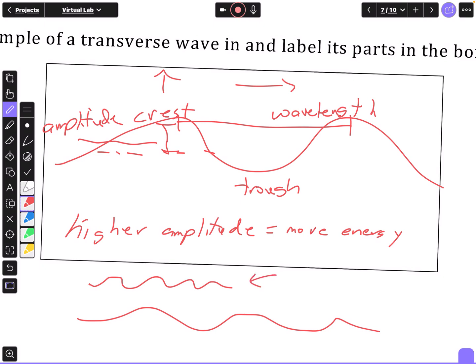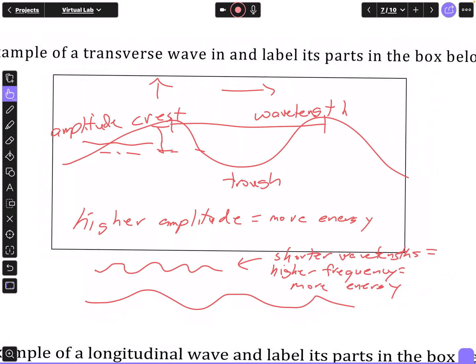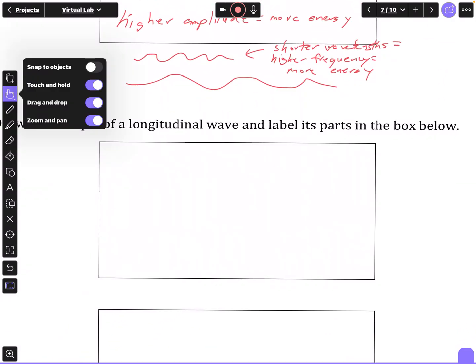And the reason it does, if we have shorter wavelengths, shorter wavelengths equal higher frequency because you have more frequent waves, which equals more energy. That's why gamma rays have a lot more energy than radio waves, because they have shorter wavelengths, therefore a higher frequency and more energy.